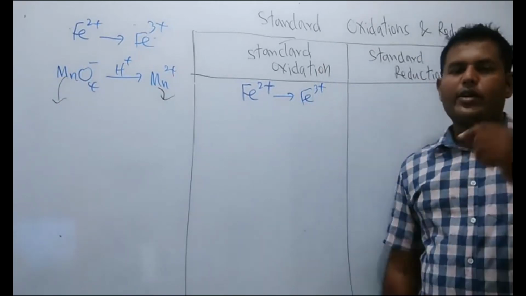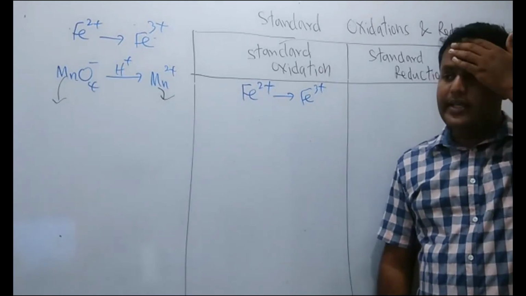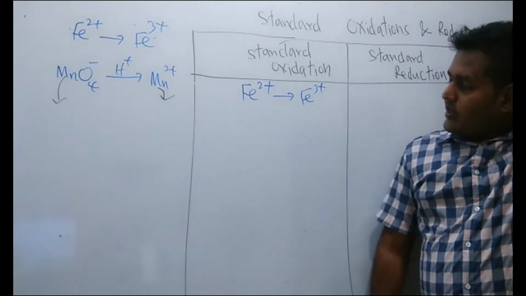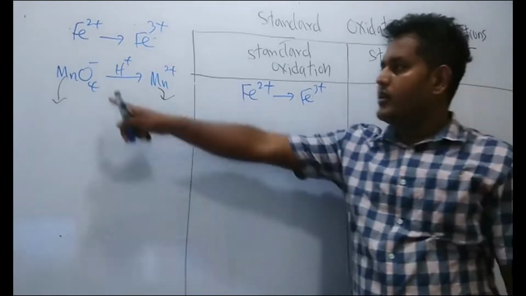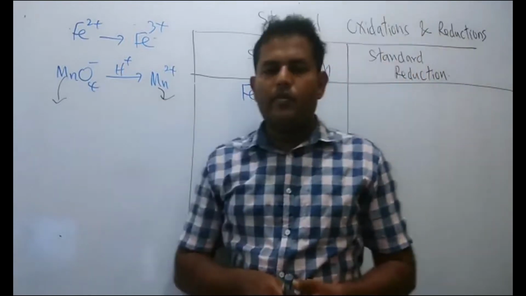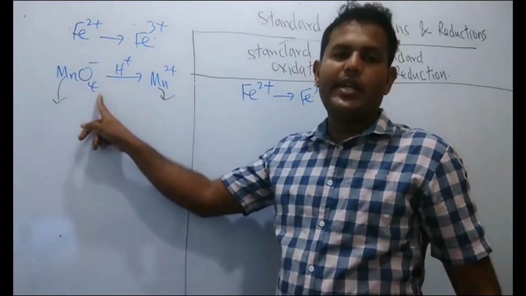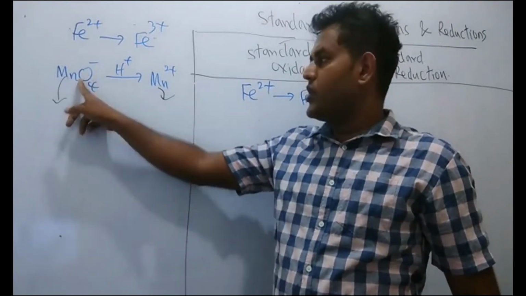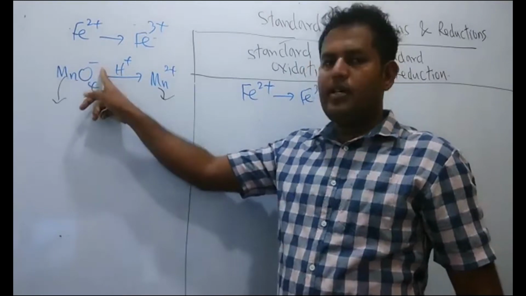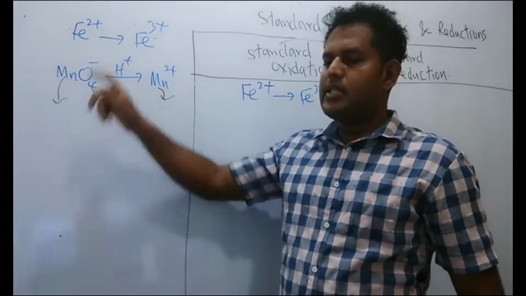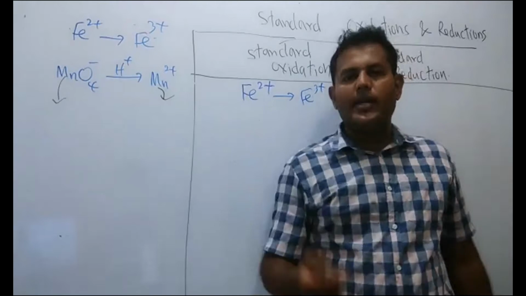Find one manganese atom. Use your mind method. So when we find the oxidation number, one oxygen, algebraic method: one oxygen is minus 2, 4 oxygens minus 8.